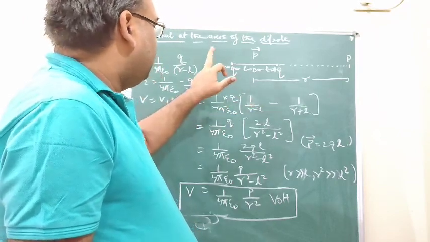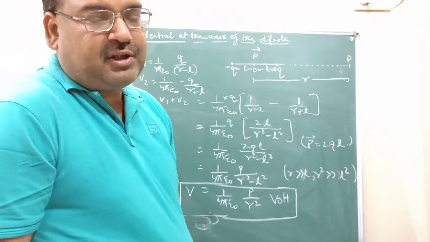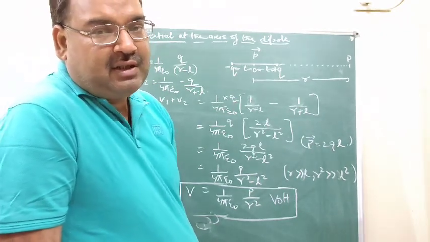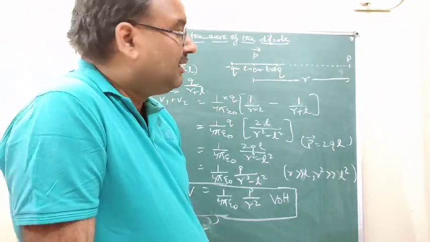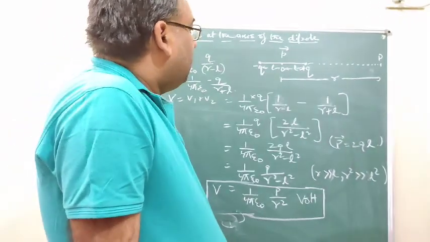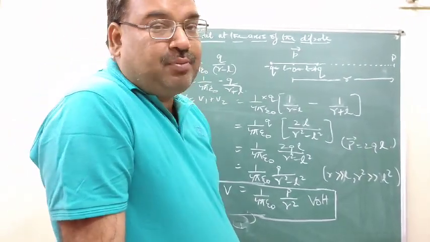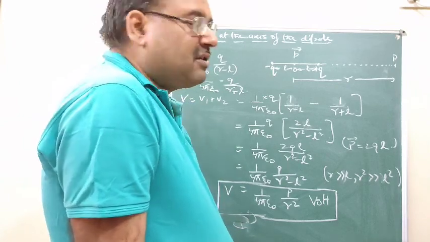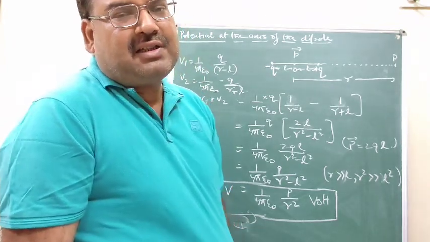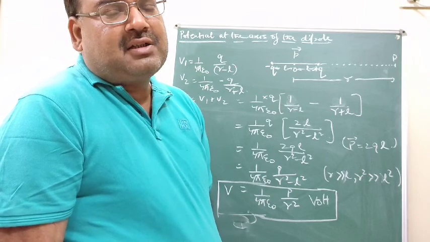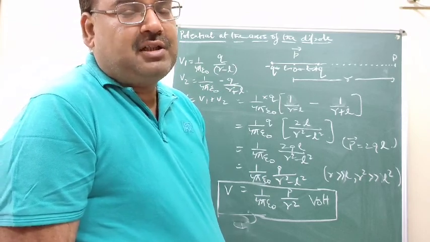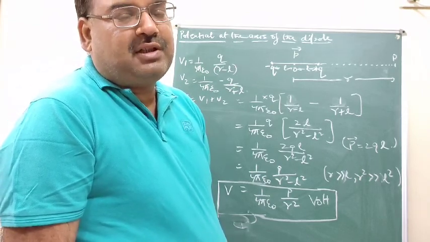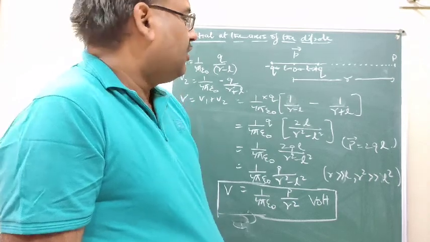So, we have found out the potential due to both negative and positive charge. Now, we will find out the resultant of the electric potentials due to negative and positive charge at the point P. So, resultant V, since electric potential is a scalar quantity, we will have the summation of the potentials due to negative and positive charge along with the sign.